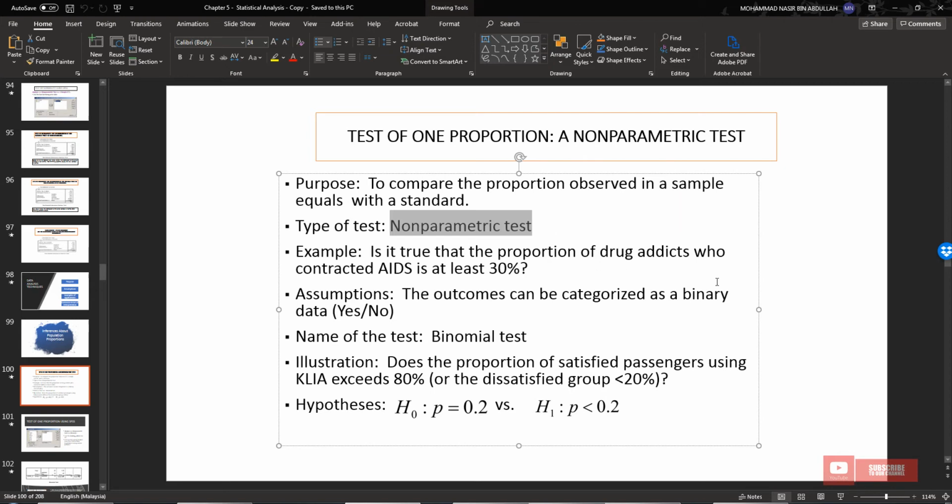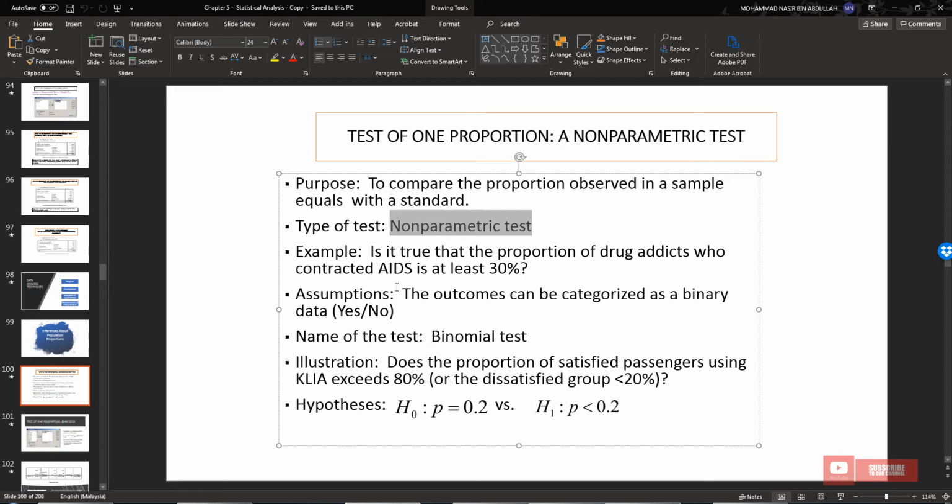If you want to see the association between two variables, and these two variables are categorical, let's say you want to know the association between gender and heart disease condition, whether yes or no. Gender is male and female. So you want to know the association. Since we have two categorical variables, we can use the Pearson chi-square test.